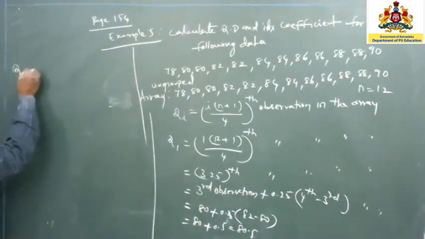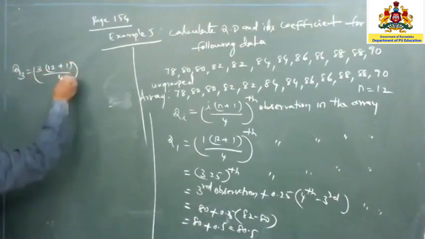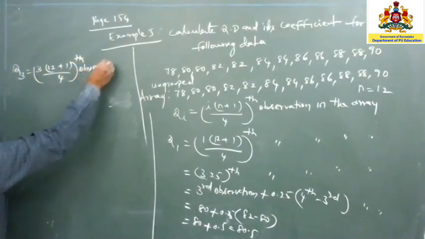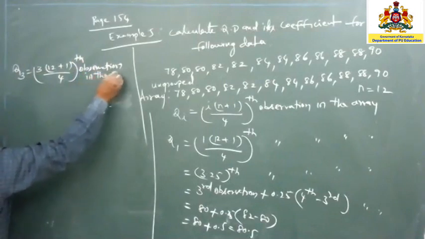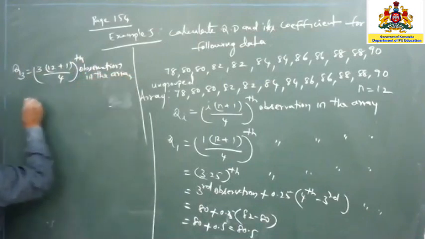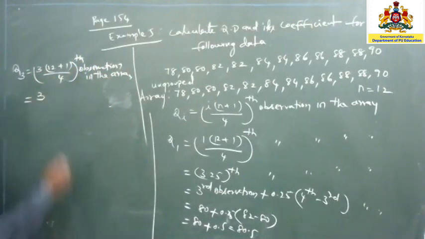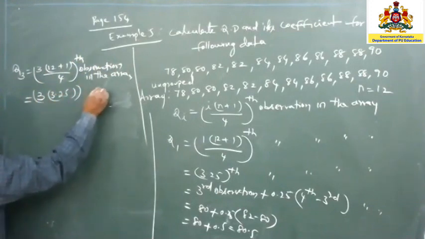Similarly, Q3 equals 3 into (12 plus 1) by 4th observation in the array. 12 plus 1 is 13, 3 into 13 by 4 is 9.75th observation in the array.